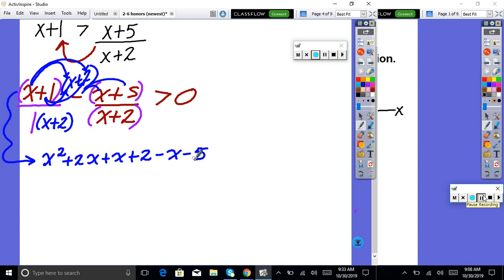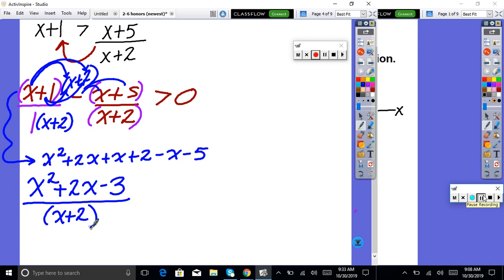So in our numerator, let's combine all our terms. We end up with our numerator as x squared plus 2x, and then it looks like minus 3. And that was all over the common denominator of x plus 2. We want to know when that rational function is greater than 0.